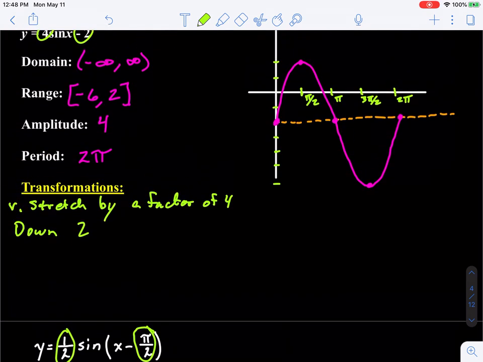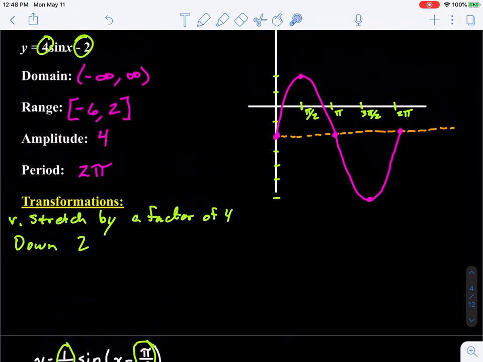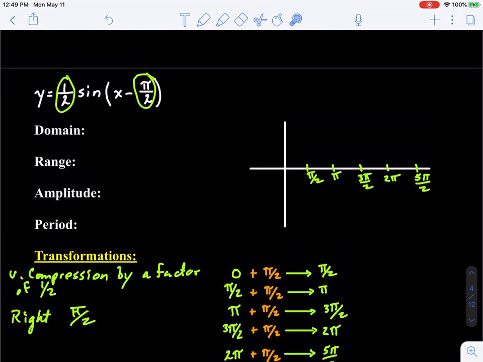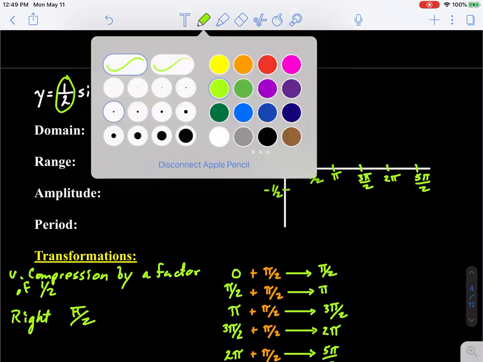Now remember that on this graph and all the other ones up to this point, our last point was located at 2 pi. That's not going to be the case this time. The last point is going to be located at 5 pi over 2. Now, we did say that we have a vertical compression of 1/2, which means the y-axis values are going to be positive 1/2 and negative 1/2.